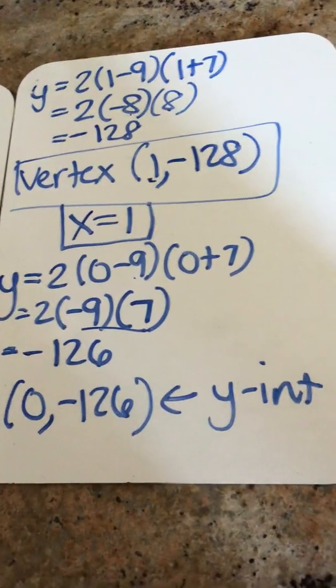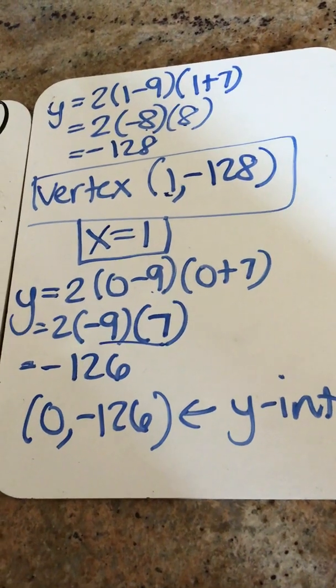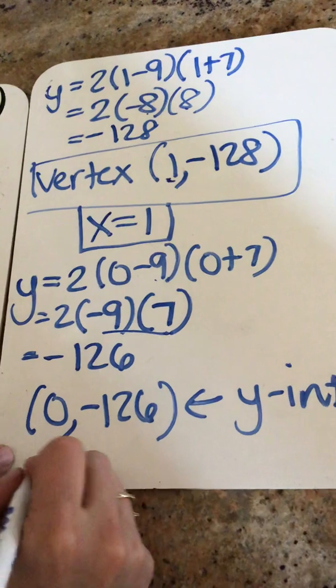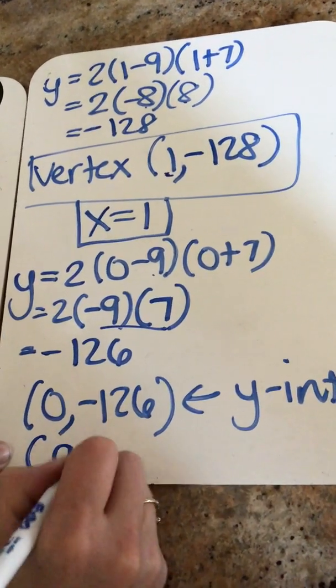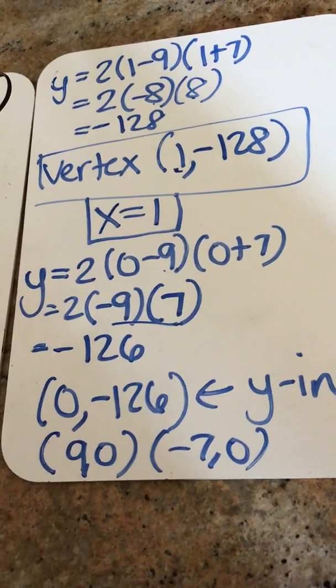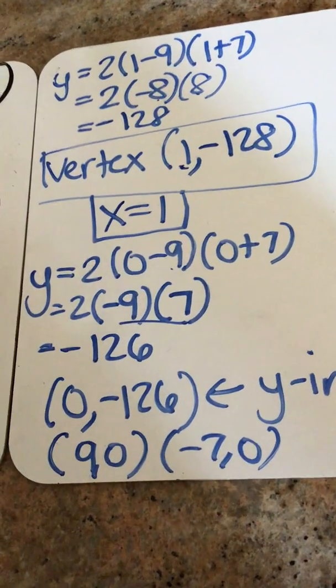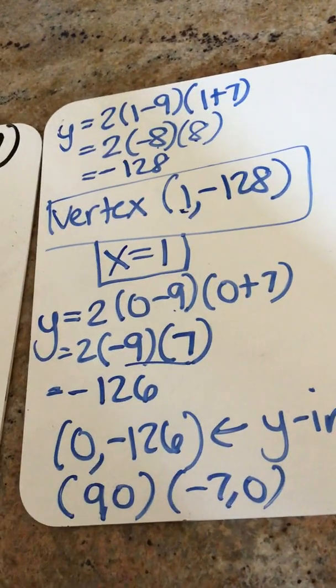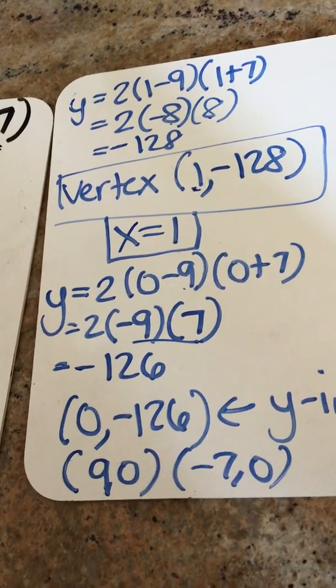And then again, once you have all those points, you can go ahead and use them to graph. So I'm going to rewrite my x-intercepts over here so that we can plot all these points, okay? Please remember that when you're plotting points, if your numbers are pretty big, you might have to go by a different scale than just ones.